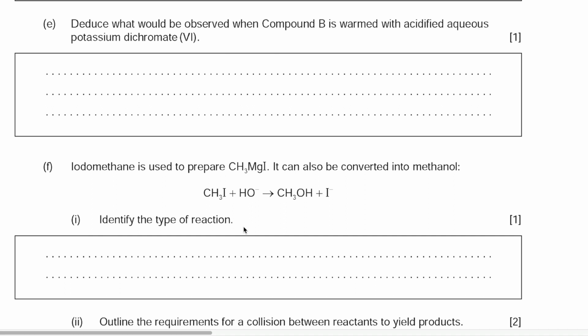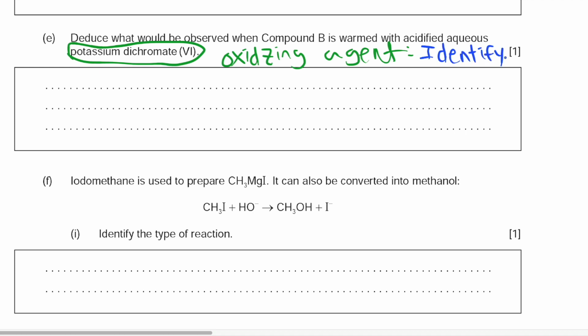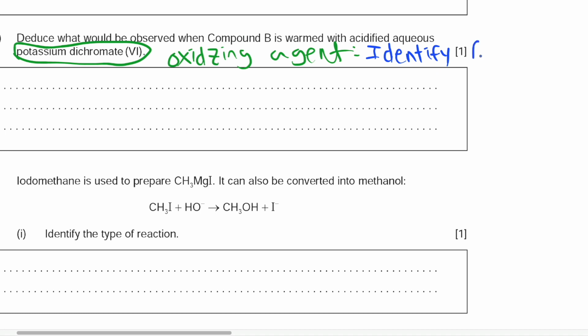Deduce what will be observed when compound B is warmed with acidified aqueous potassium dichromate. So you should be familiar with this. This is often used as an oxidizing agent, which is frequently used to identify alkenes and alkynes.